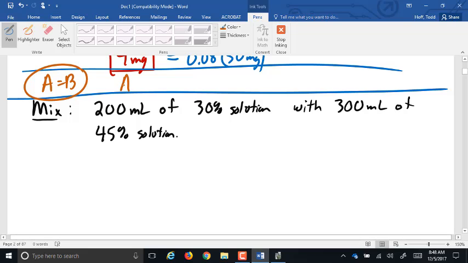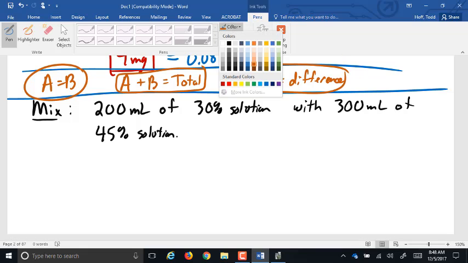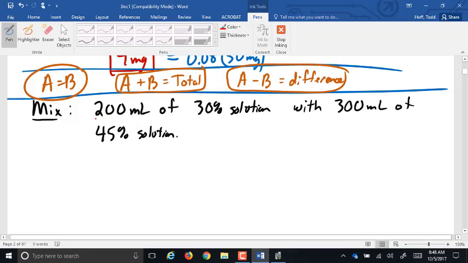Another possibility is you might have two things that have to add up to make a total, which is what this one's going to be. And a third possibility, you might have two things that subtract to make a difference. Well, in this one, we have two things that add up to make a total.